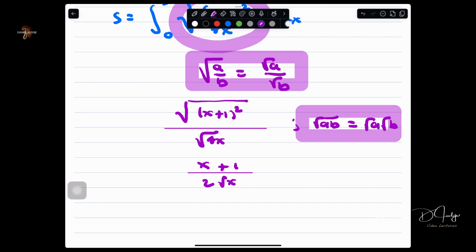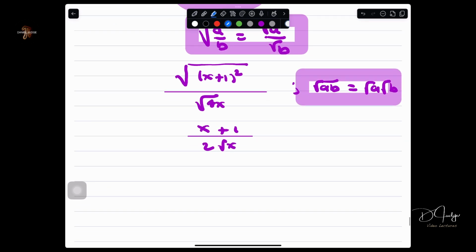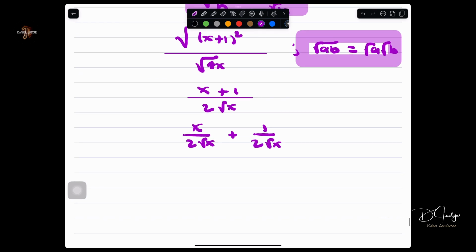All right. Now what that gives us further is the following. This is x over 2 square root of x plus 1 over 2 square root of x. And now it looks like we're going to be able to do some simplification here.